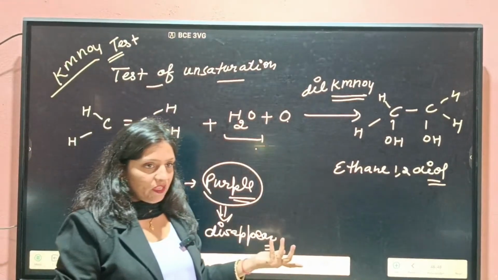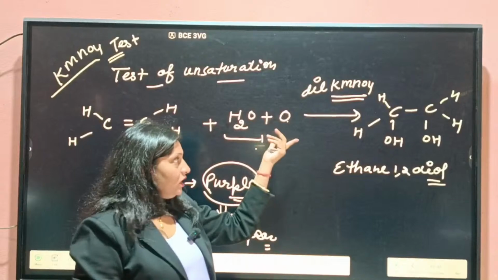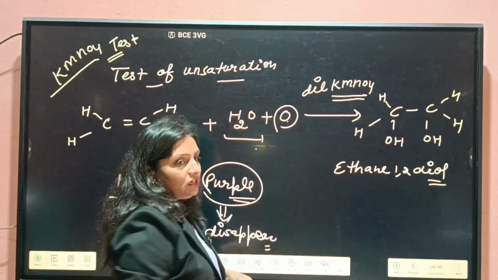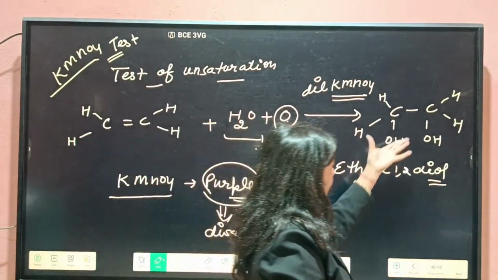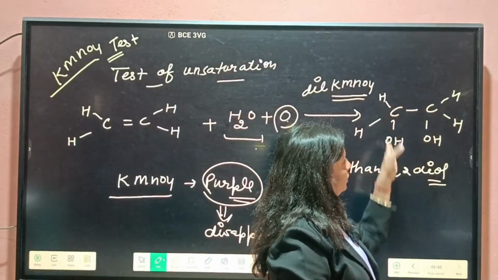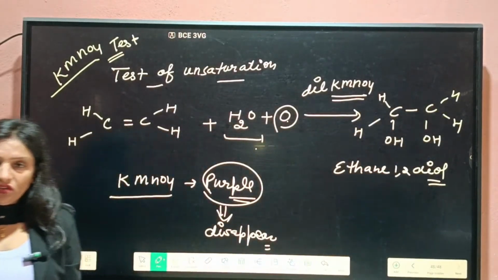The reaction is simple: alkene hydration takes place, or we can also say oxidation, addition of oxygen. Simply you break the double bond, and one OH goes to this carbon and one OH to this carbon. Clear or not?